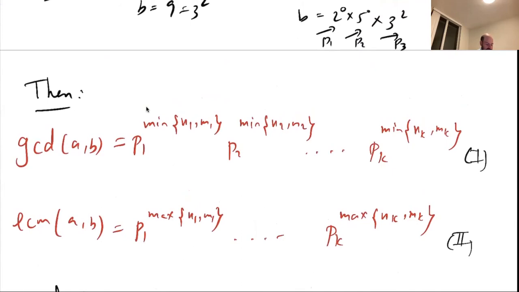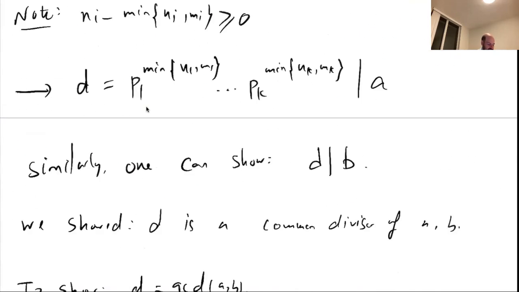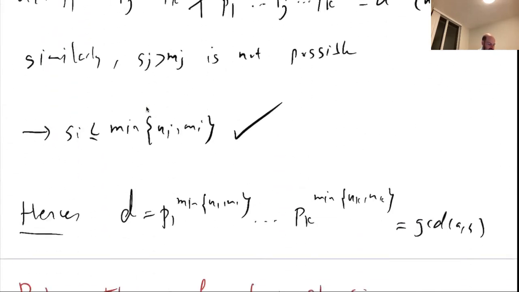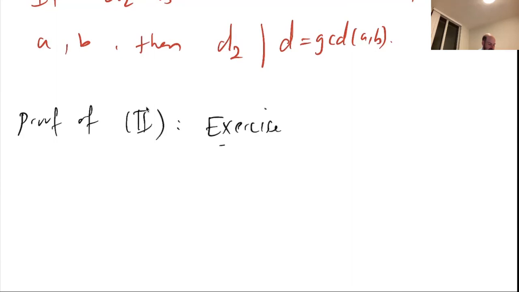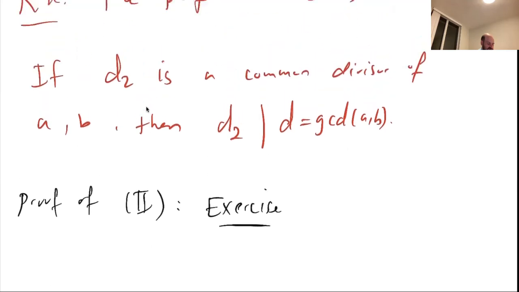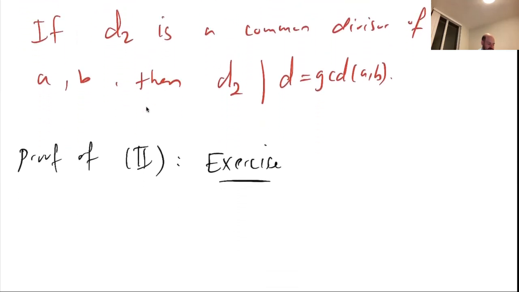Now you can do the proof of LCM as an exercise, the proof of part 2, the formula for LCM. And once you do the proof, you will see that a similar version of this remark will hold for LCM.